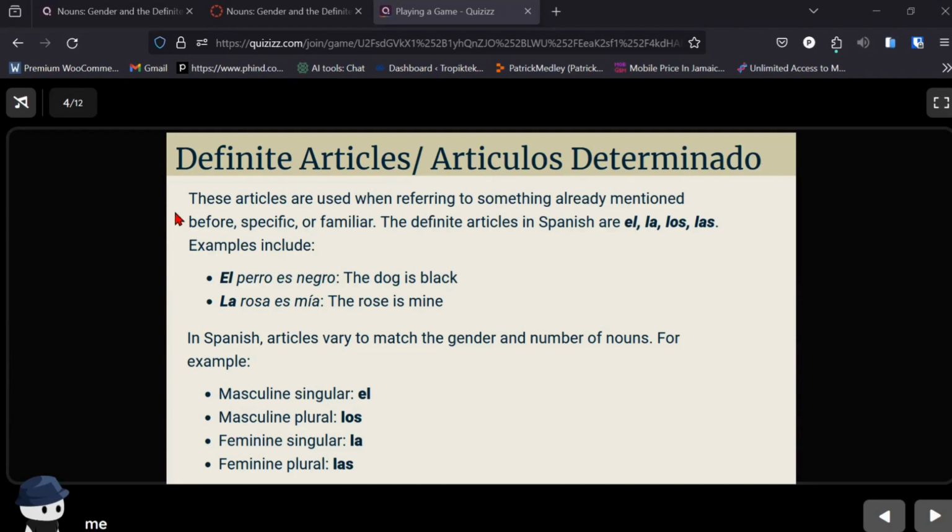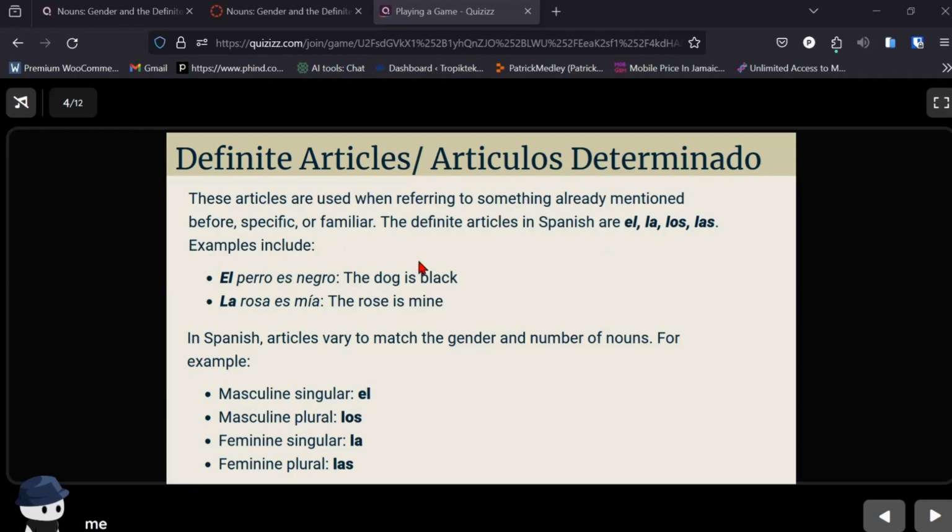So, with the definite articles, these articles are used when referring to something already mentioned before, something specific or familiar. The definite articles in Spanish are el, la, los, las, right? So these are the definite articles. So these are really just different ways of saying the chair, or the chairs. So el perro es negro, the dog is black.